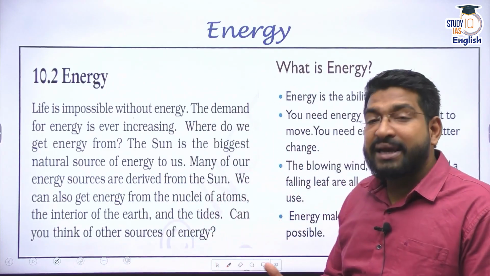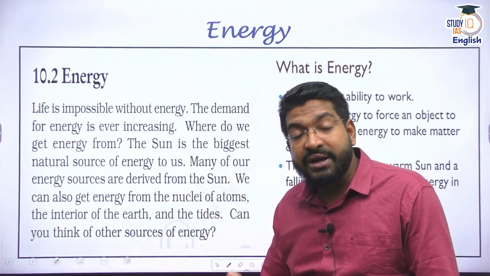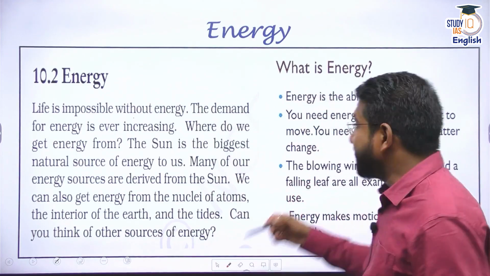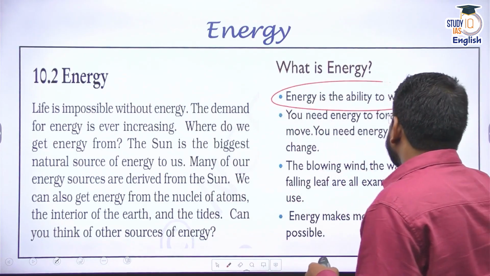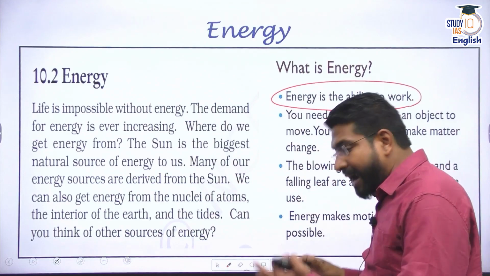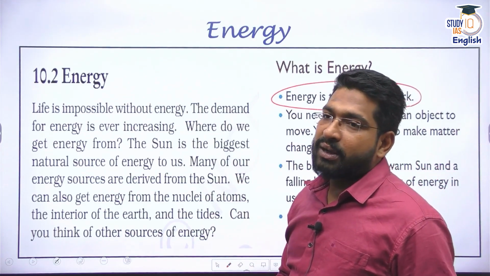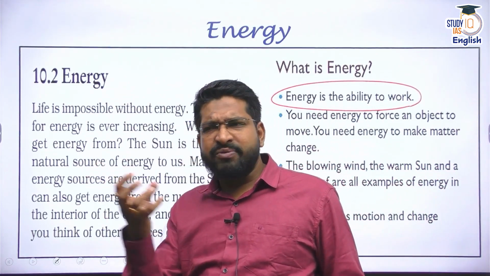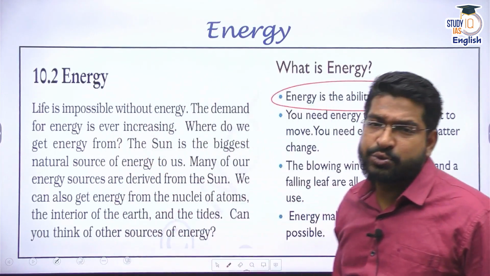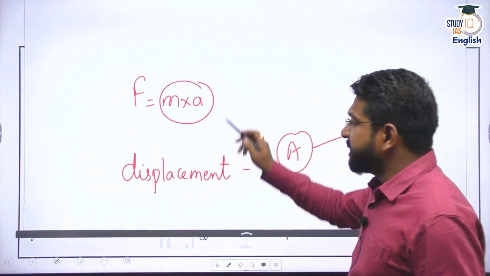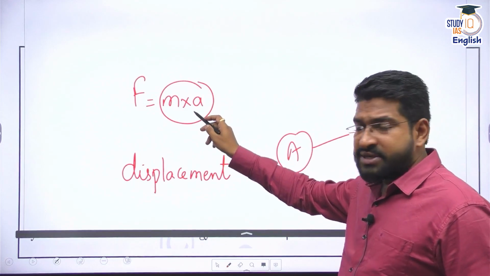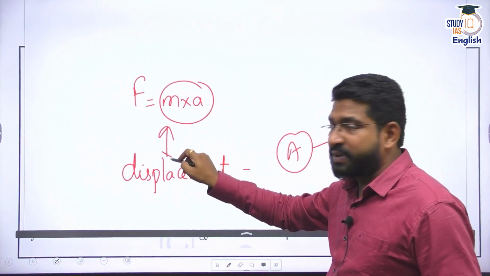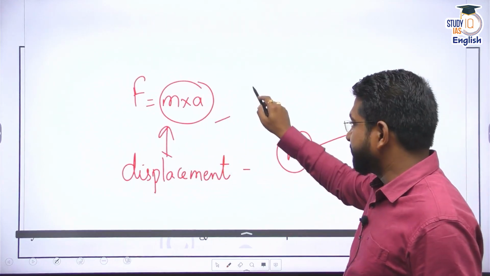And energy is again connected to the concept of work itself. Energy is the ability to do work. So work and energy, I would say, are analogous, or many times we can define them synonymously also. As I showed, force is equal to mass into acceleration, force into displacement is equal to your work done.